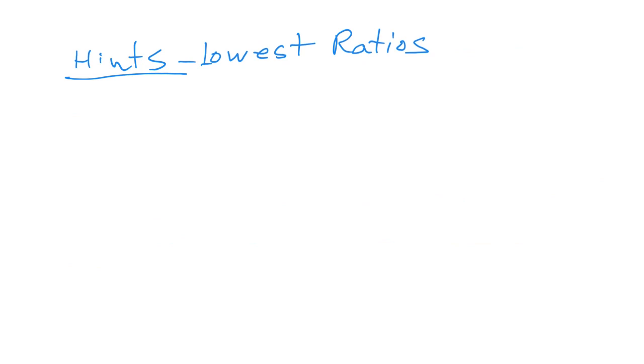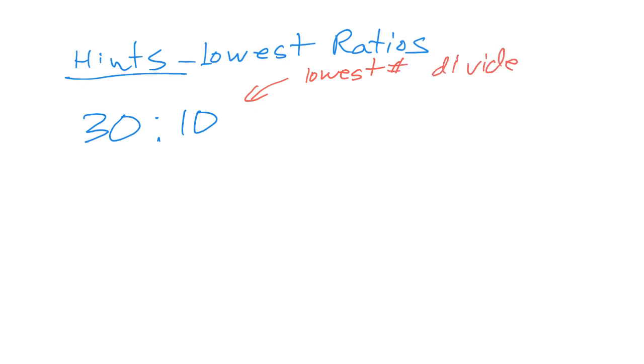So the last thing I want to remind you is this. When we're dealing with mathematics, we sometimes have to deal with these things called ratios. Now, sometimes we want to make sure that we have the lowest ratio. So let's say I have something like 30 to 10, and I want you to come up with the lowest ratio. The key idea is to look at the lowest number and divide by that lowest number.